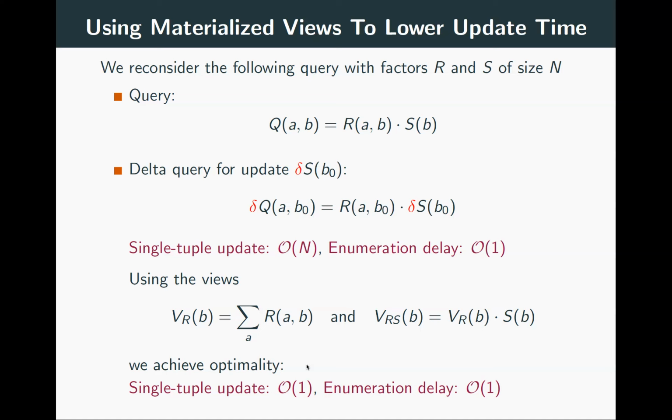It may be that you look up and there is nothing there, and you do nothing. What happens if there is, and you have linearly many A's? You say, okay, fine, I can enumerate over them and output them. But then, let's say, I want to delete that B0. Then you have to do this effort again.